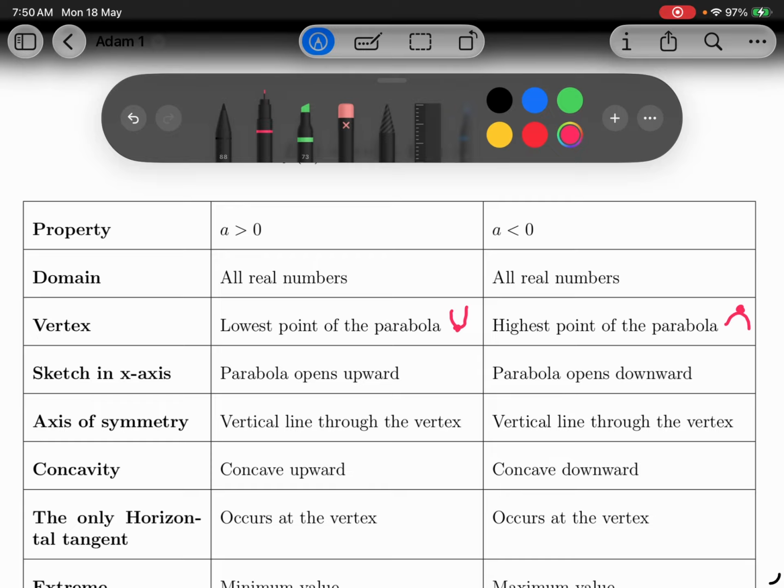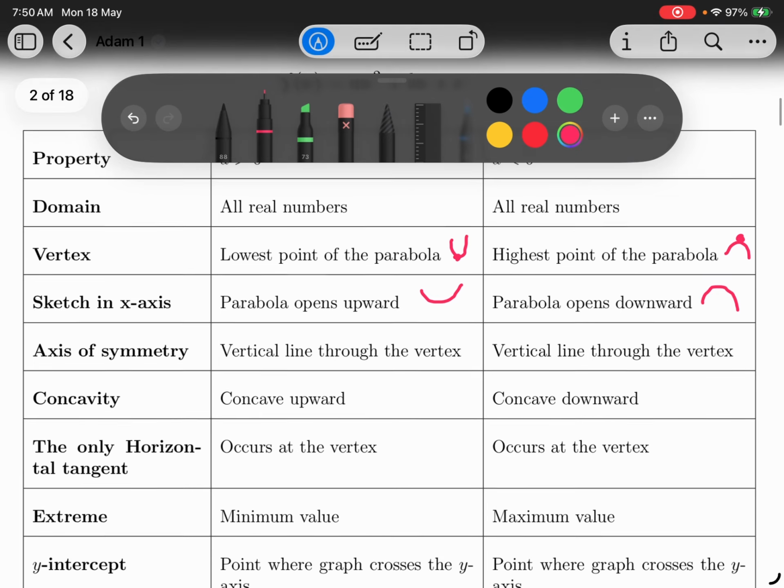We will sketch in the xy plane, so it will be like this when a is more than 0, or like this when a is less than 0. So it will be concave up when a is more than 0, and concave down when a is less than 0.